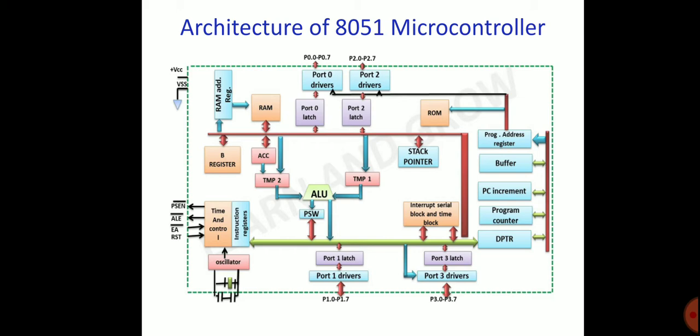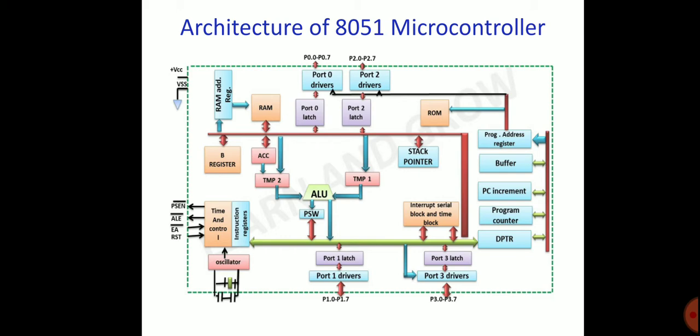The main function of the timer and control circuit is that the crystal oscillator generates the clock frequency from a minimum of 3 MHz up to 12 MHz. These signals drive the complete operation of the 8051 microcontroller. And memory plays one of the main important roles in the 8051 controller.